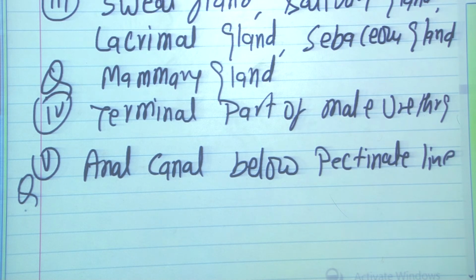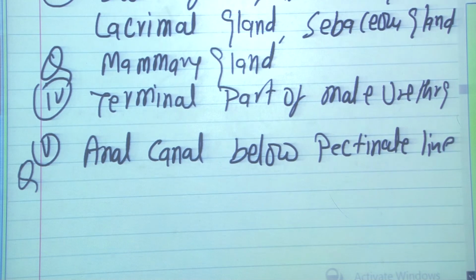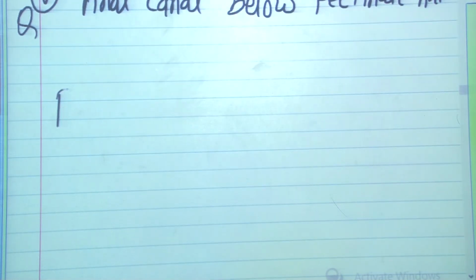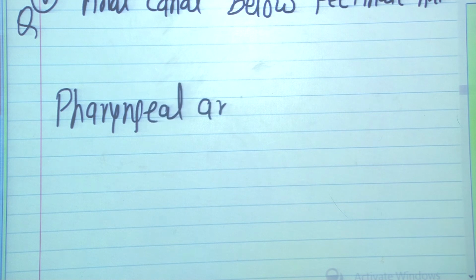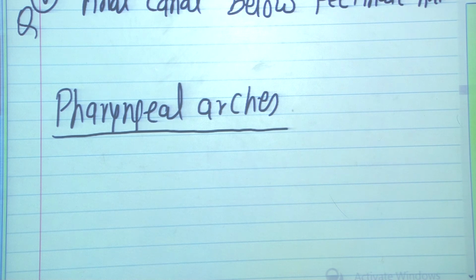Now, the next important topic is the pharyngeal arches. What are the pharyngeal arches?